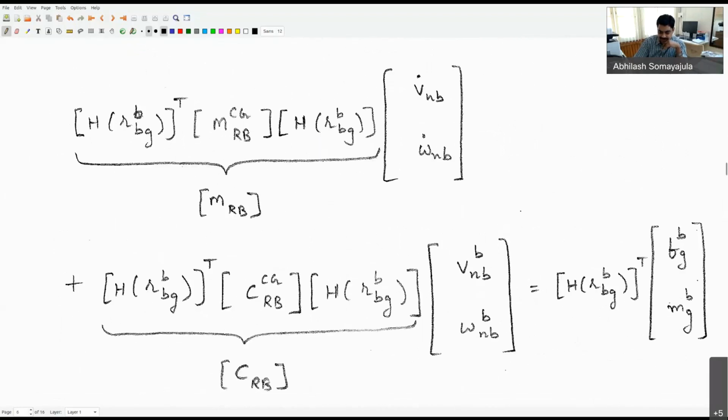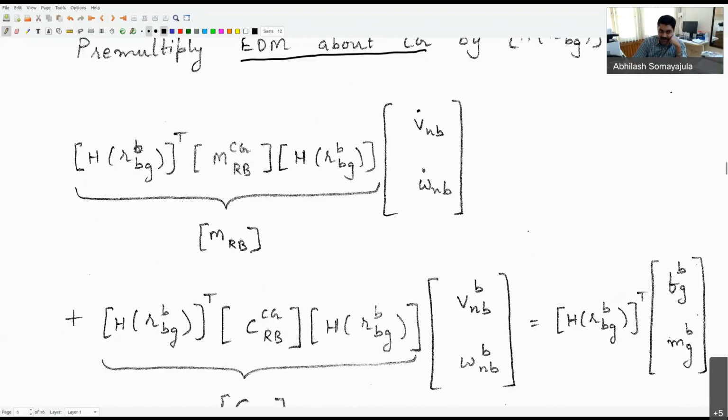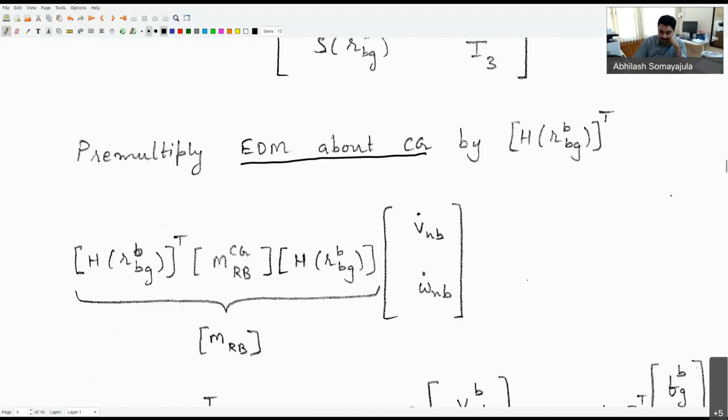The moment I multiply by H transpose, what do I end up with? I have H transpose times the mass matrix expressed about the center of gravity times the velocity vector about the center of gravity.